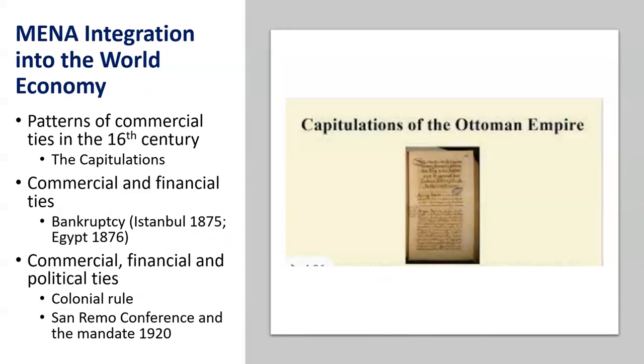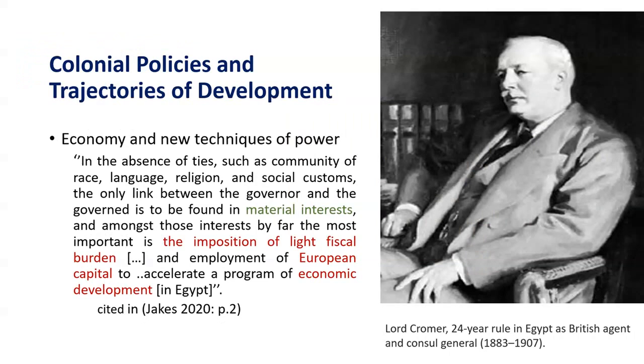So the whole point here is that even before this political aspect of colonial power, they used economic techniques or development discourse in order to exercise some sort of political power, or to bring some parts or the whole region under their authority.